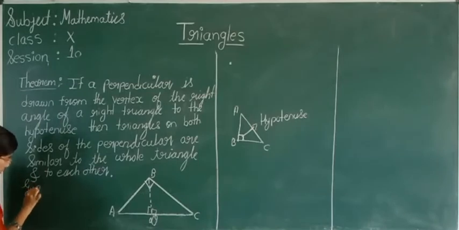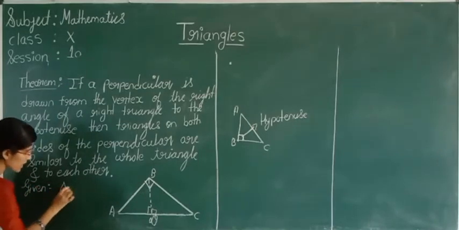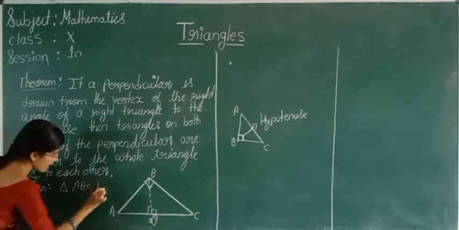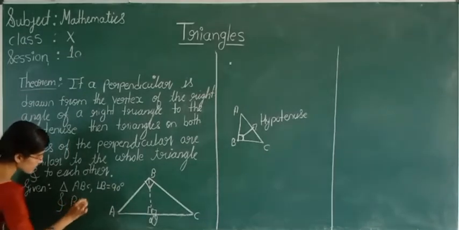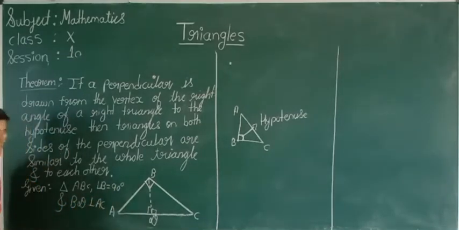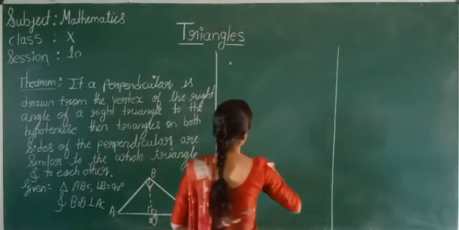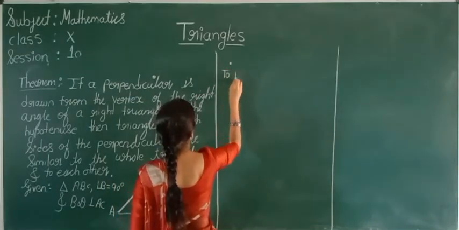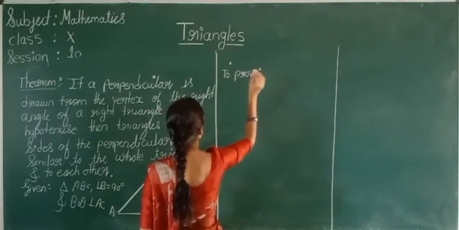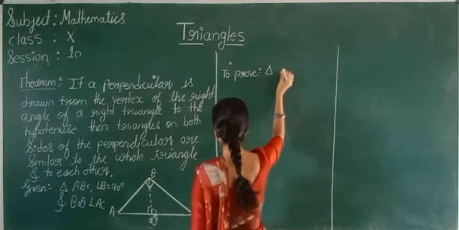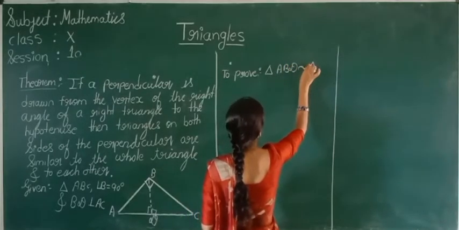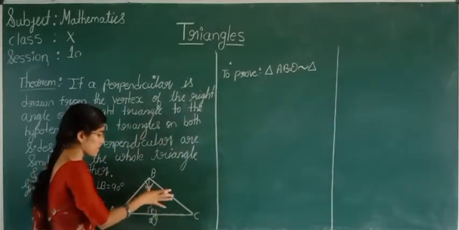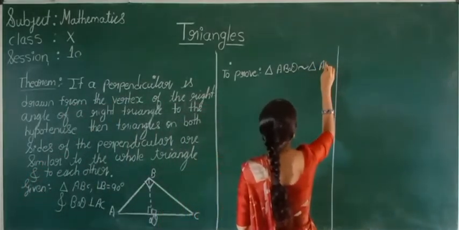See here, given. What are they given here? Given triangle ABC, angle B is equal to 90 degrees, and BD is perpendicular to AC. This much we knew. What we have to prove: first, is triangle ABD similar to triangle ABC?